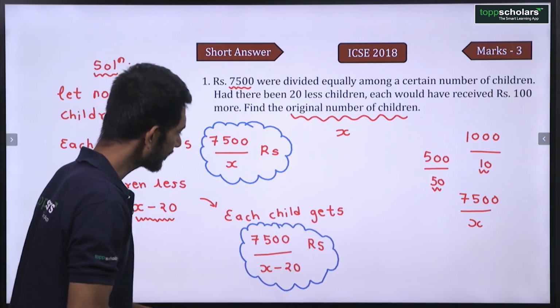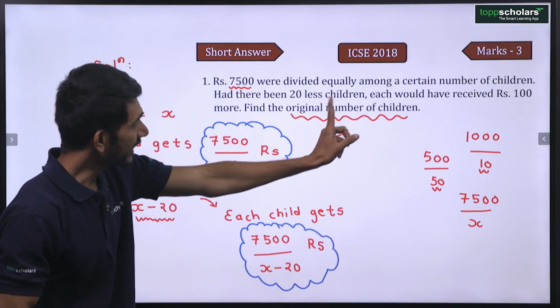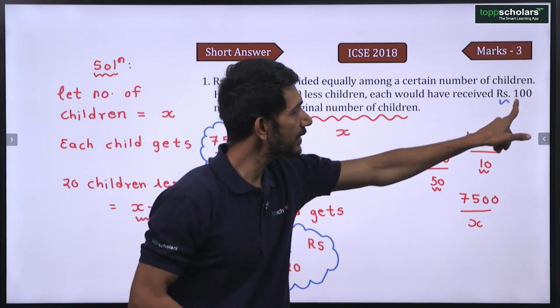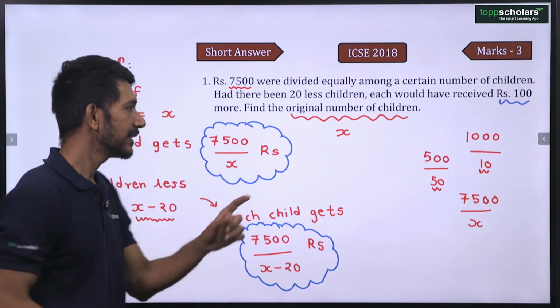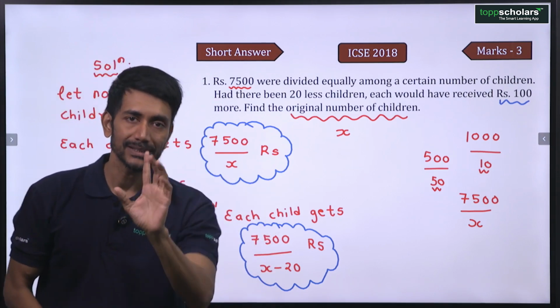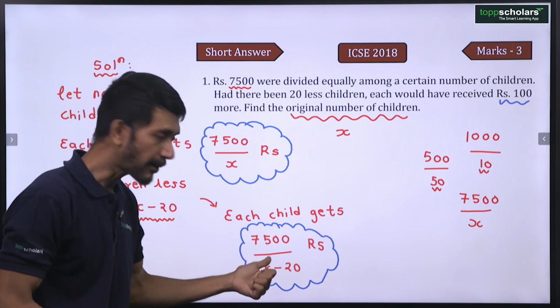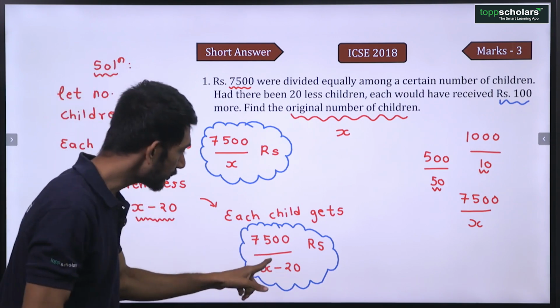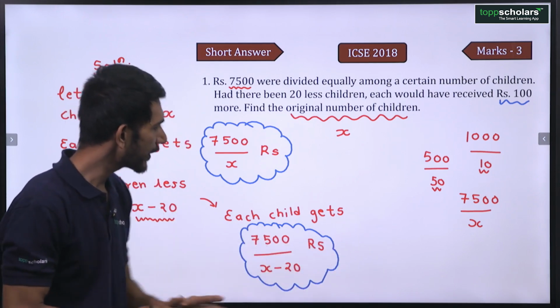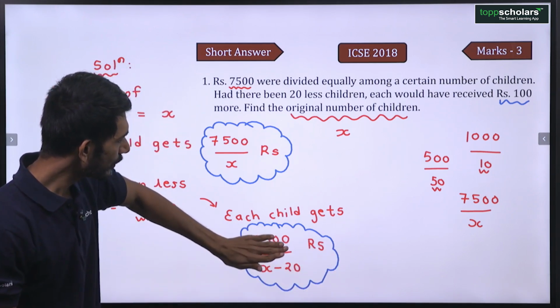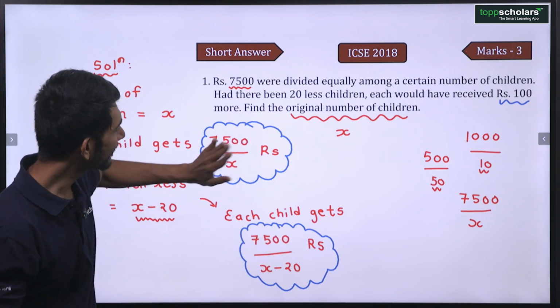But what they are saying is that each child would receive 100 rupees more. So this is the amount received by one child. This is also the amount received by one child. But here the amount received will be more because the number of children are less. And how much more amount is received? 100 rupees. So can I say this value is 100 rupees more than this value?